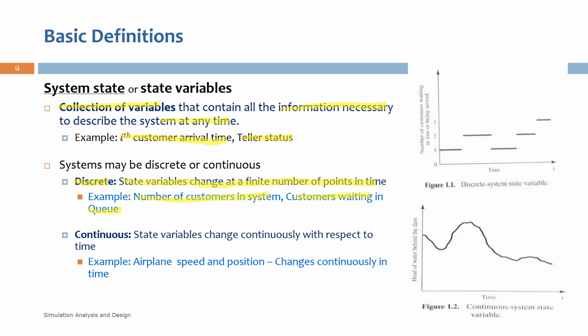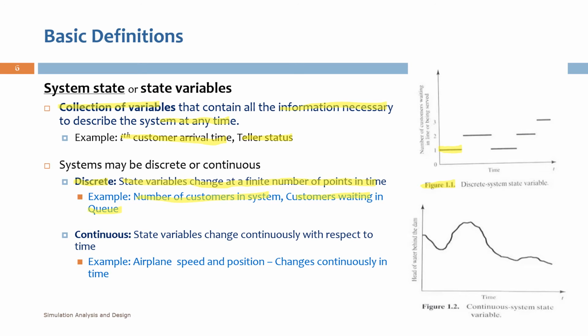Let's consider this graph here, figure 1.1. This is for the number of customers waiting, let's say in a line. The number of customers in the line is 1 for a while, and then at this time we have a new customer arriving to the system.